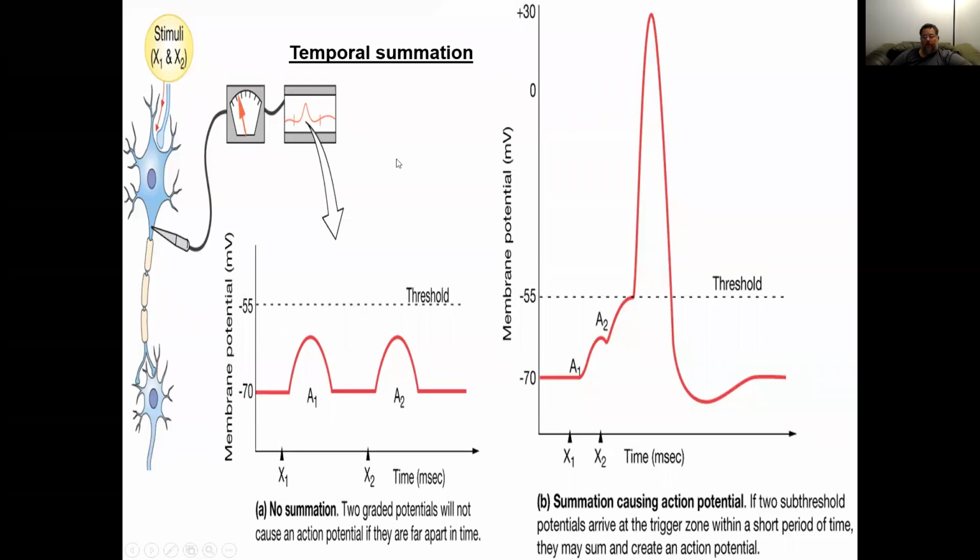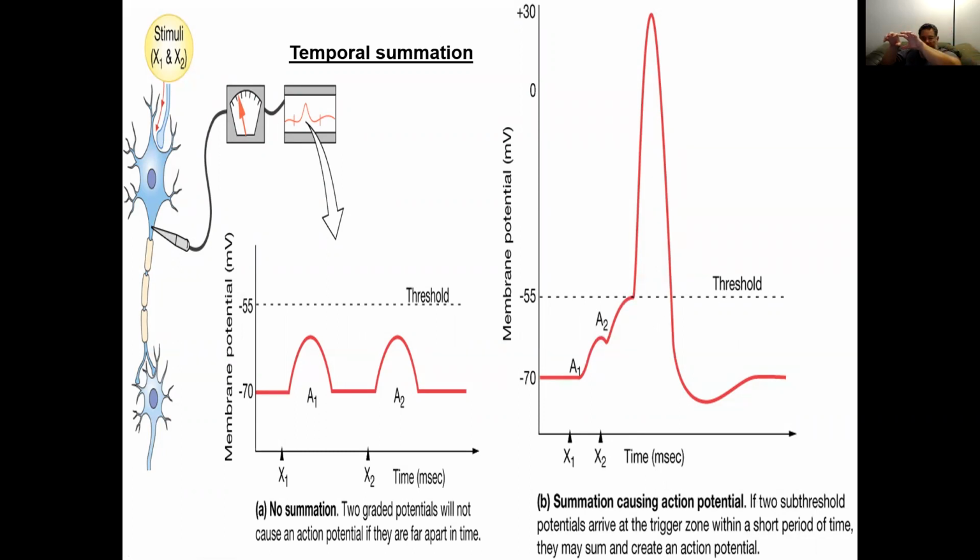Now let's look at this figure on the right. This is showing you spatial summation and temporal summation, but in this case, the summations are much closer to each other in time, because you see down here at the bottom, it says time in milliseconds. When the two come together, you have a little diffusion going down and another one right behind it.